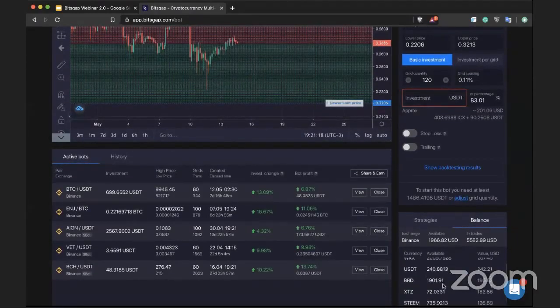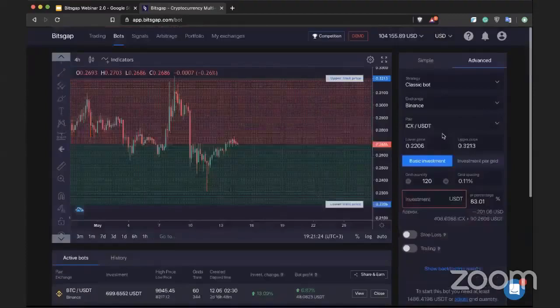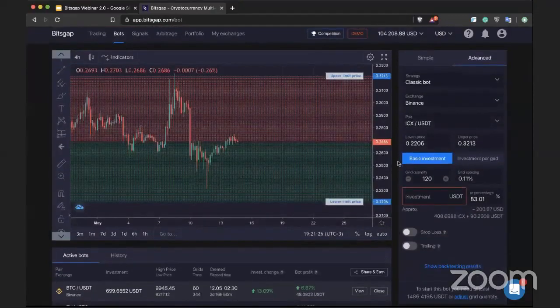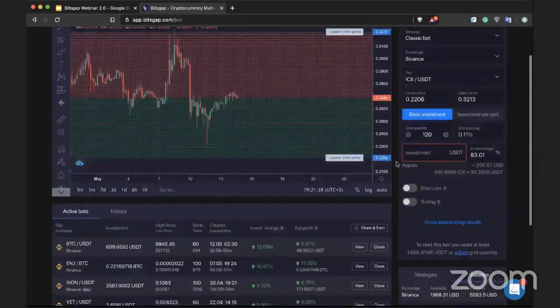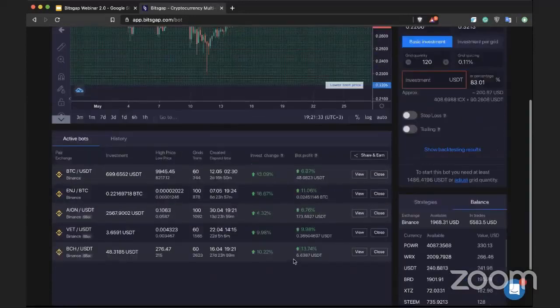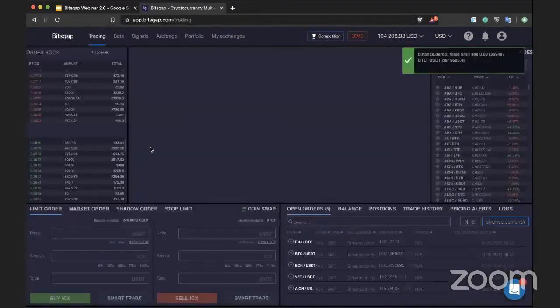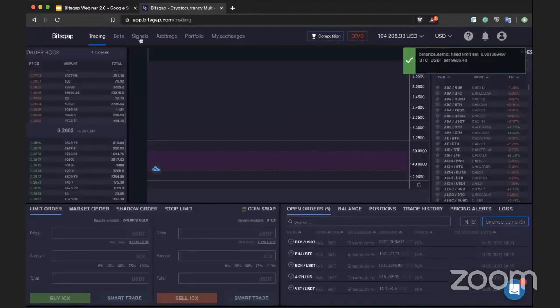So it looks like I don't have enough USDT on my balance. And that means that if I want to continue with this particular trade, I have to make some adjustments. So it means that I either have to close some of my active bots, or if I have some trades on my trading account, I should close them.